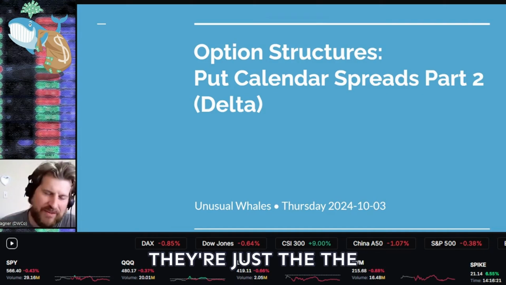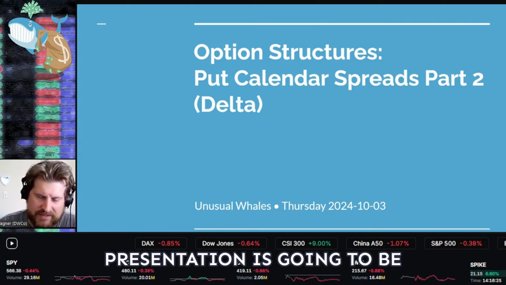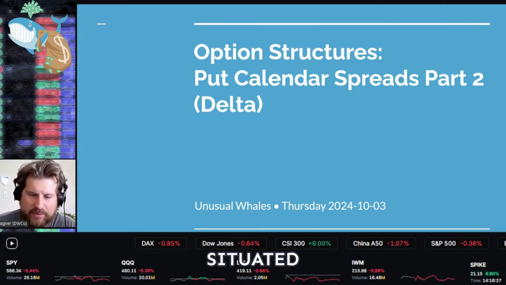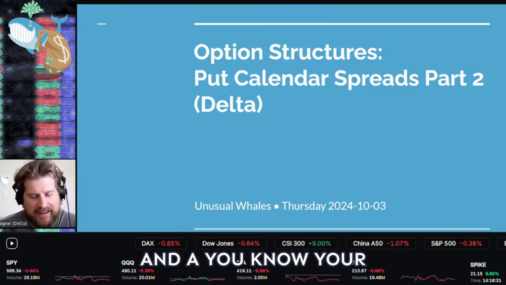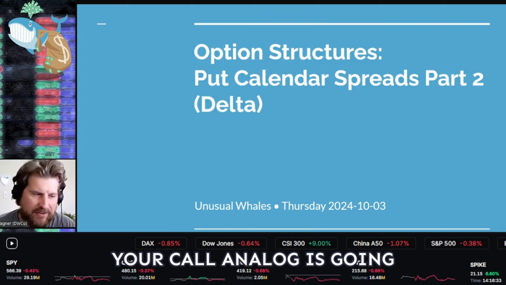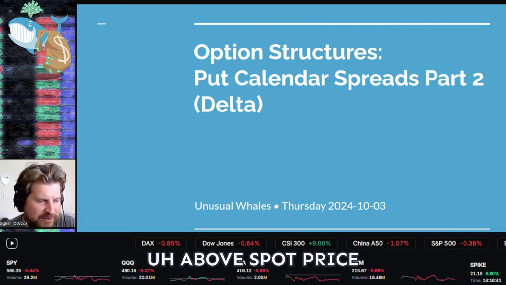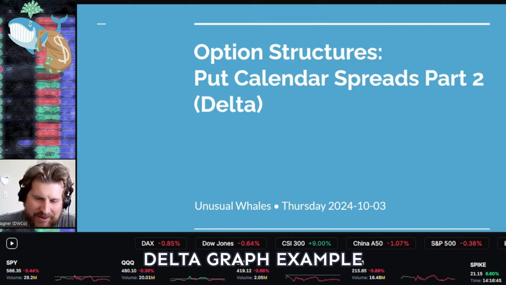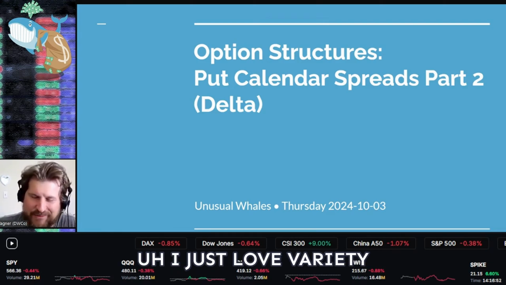The put calendar spread, as described in this presentation, is going to be situated below the spot price, and your call analog is going to be situated above spot price. In my kind of crude interactive delta graph example, I picked calls because I just love variety.